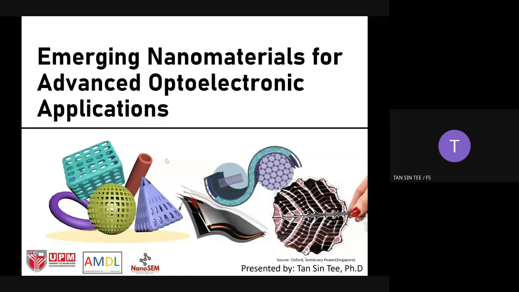Okay, so today I am going to present a little bit about my previous study and also some of the findings that we got in the previous years and also the latest. The title of my presentation is Emerging Nanomaterials for Advanced Optoelectronic Application.